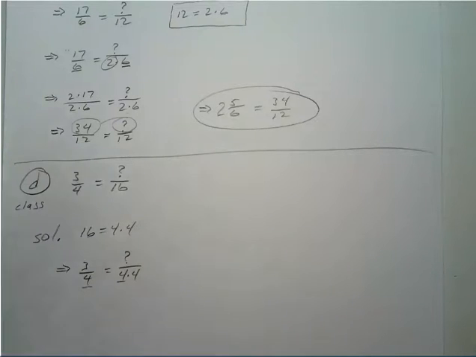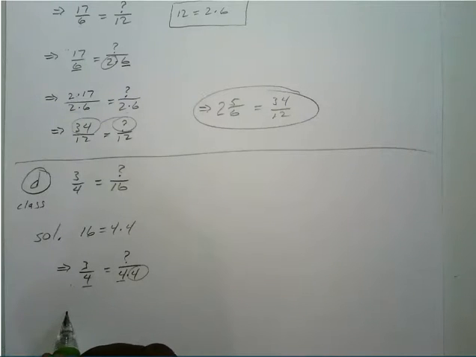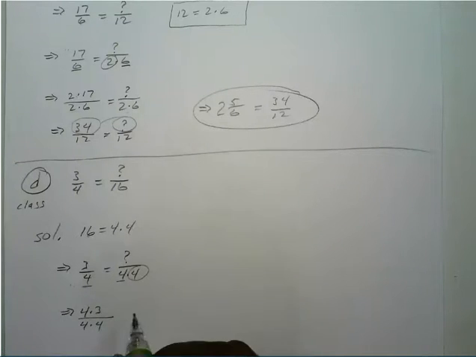You could pick either one of those. So we're just missing one of those 4s. On this side, we have to multiply the numerator and denominator by 4. So you have 4 times 3 over 4 times 4 equals some unknown over 4 times 4.